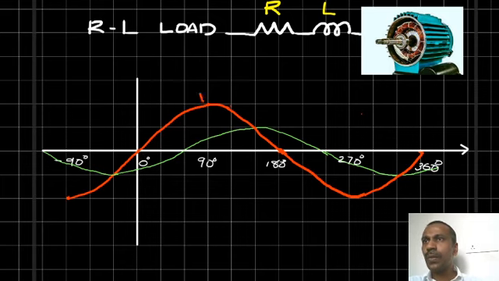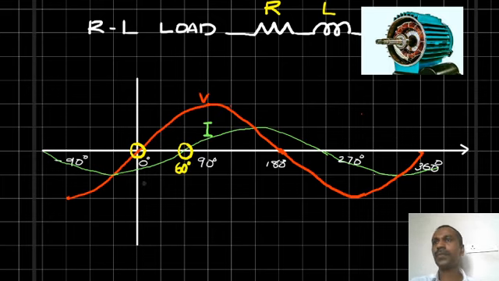Suppose this is your voltage. Now this is the current waveform here. So here the current starts at this point. This is the starting point of voltage. If you look at this picture, you can see the current starts some 60 degrees after the voltage waveform. So you can say this is your 30 degree, this is 60, this is 90.